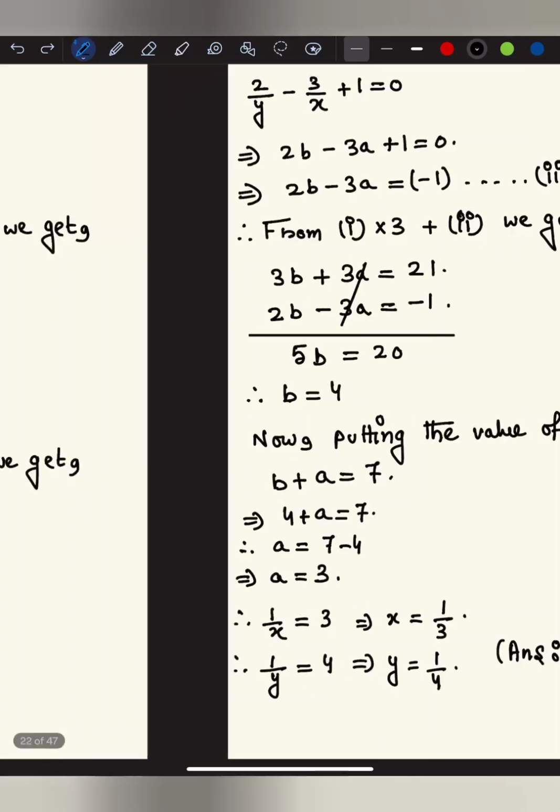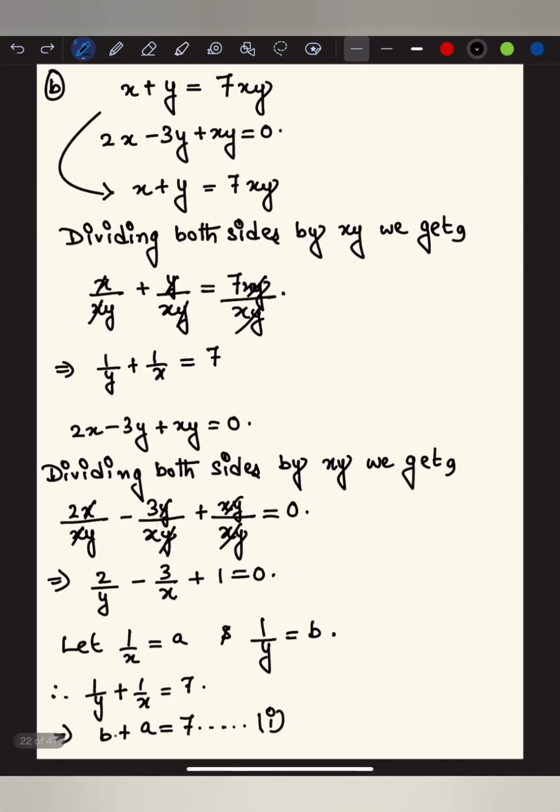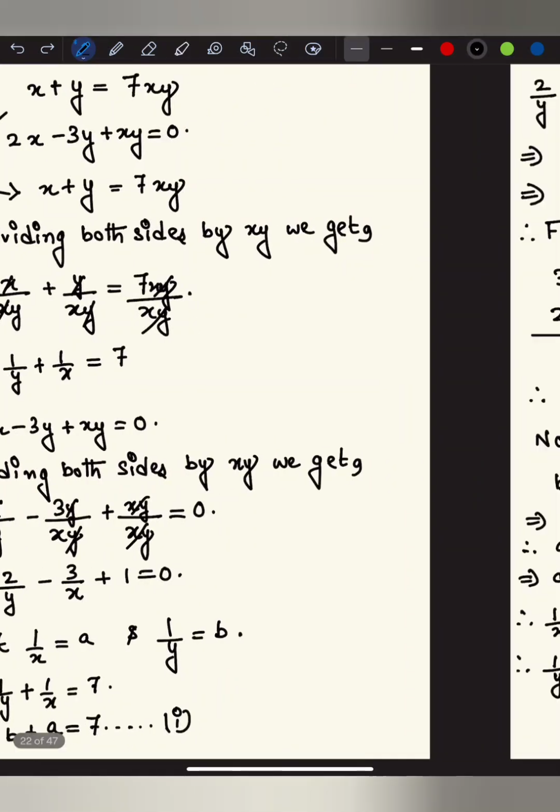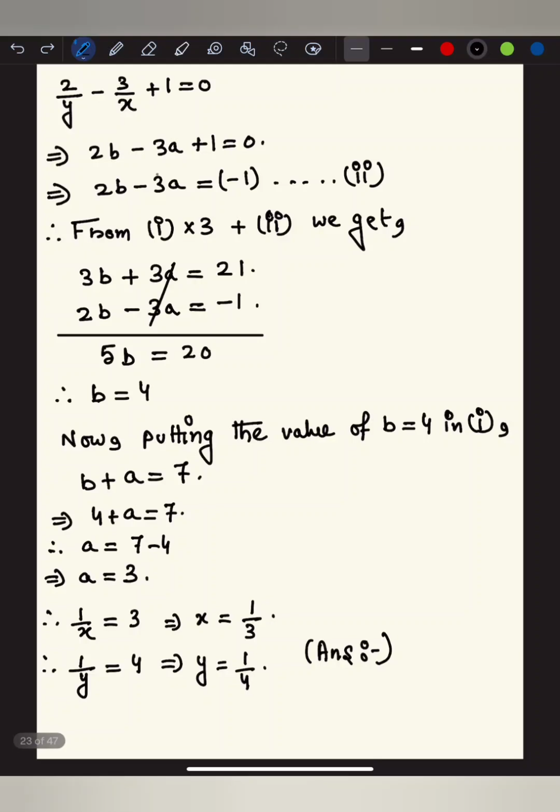So we have got two equations. The first one is a plus b equals 7, and the second one is 2b minus 3a equals minus 1.